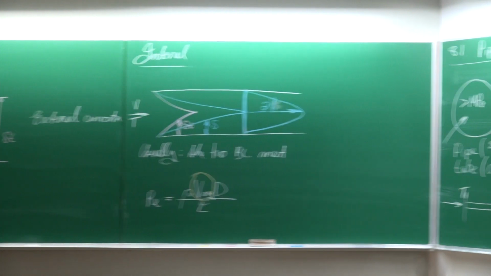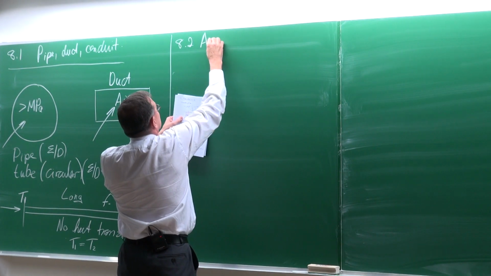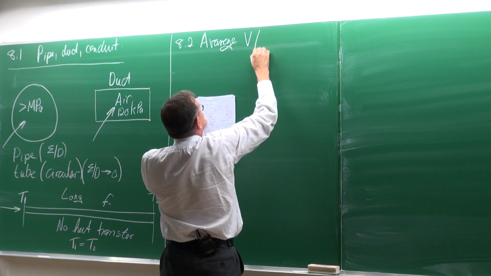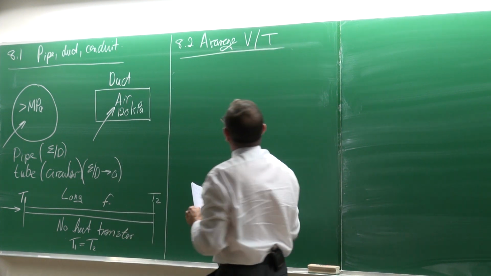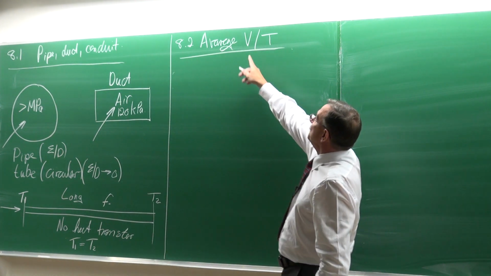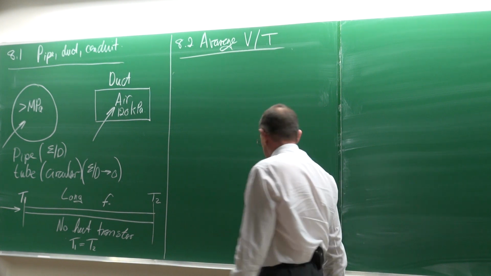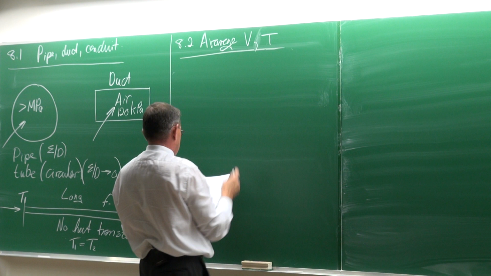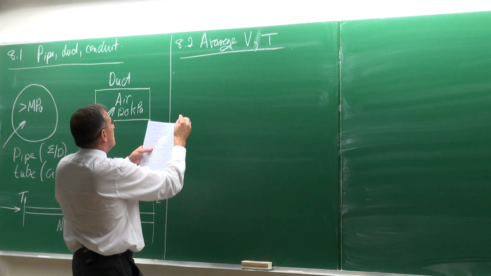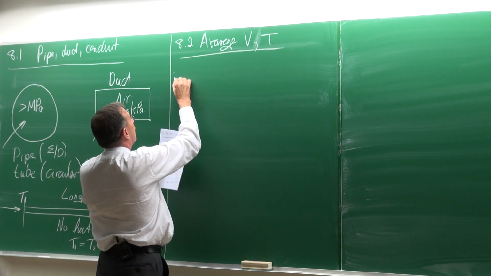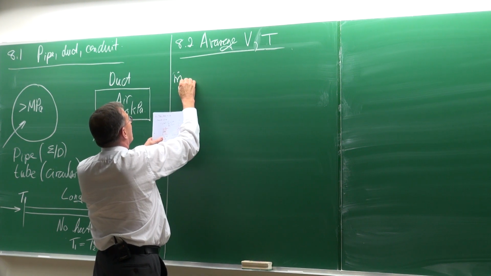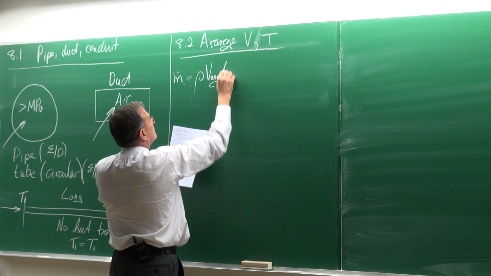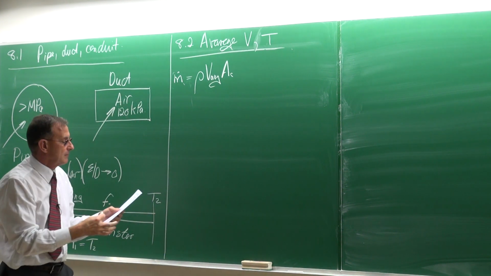Now in terms of this average velocity and temperature, this is not V divided by T, it is velocity and temperature. Maybe I should write it like that. Then, from the conservation of mass, we can say that the mass flow rate is equal to rho V average multiplied by the cross-sectional area.